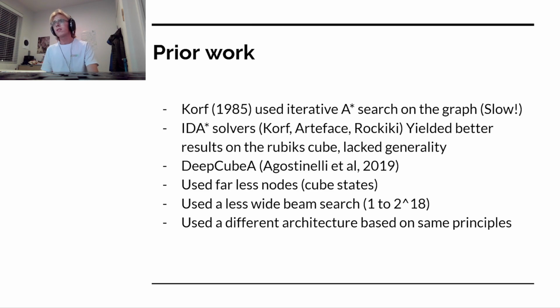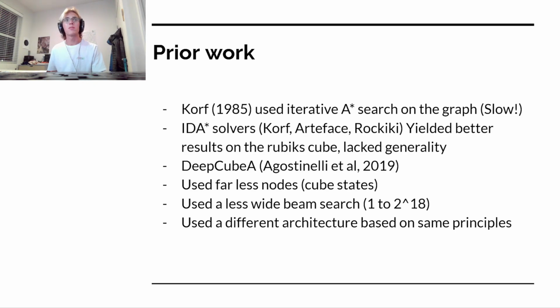More pertinently, there's DeepCubeA by Agostinelli in 2019. His net used far fewer nodes in the cube tree, like that graph before, by having a large graph with fewer nodes and being able to transform some different solution into one of these other nodes.